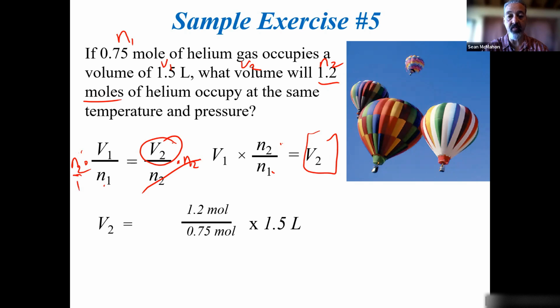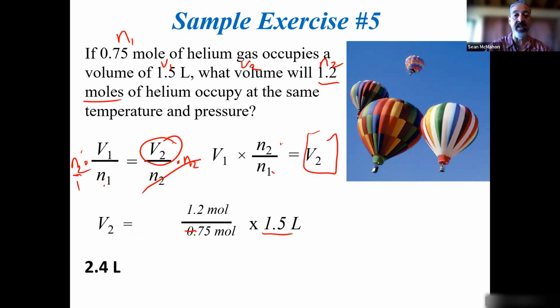So I have 1.2 moles, my N2, divided by the 0.75 moles, times the 1.5 liters. All of these have 2 sig figs. Again, this leading zero does not count. So I have 2 sig figs in the quotient, and 2 sig figs in the 1.5. So my final answer should be, I need 2.4 liters.